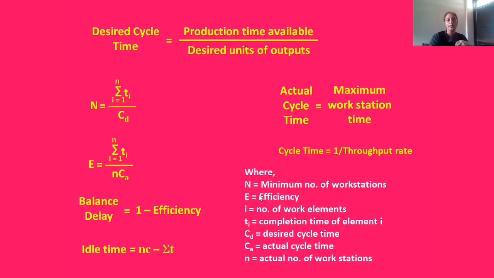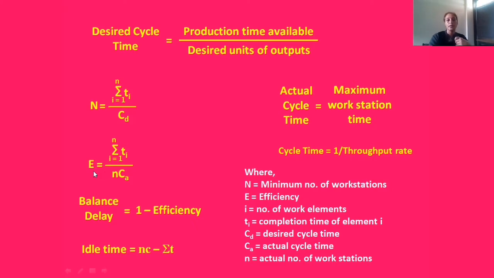Afterward, we need to calculate N, the theoretical or minimum number of workstations. For that, we add all the times of the tasks given in the question, and that summation of time is divided by the desired cycle time. That way we get the minimum number of workstations.